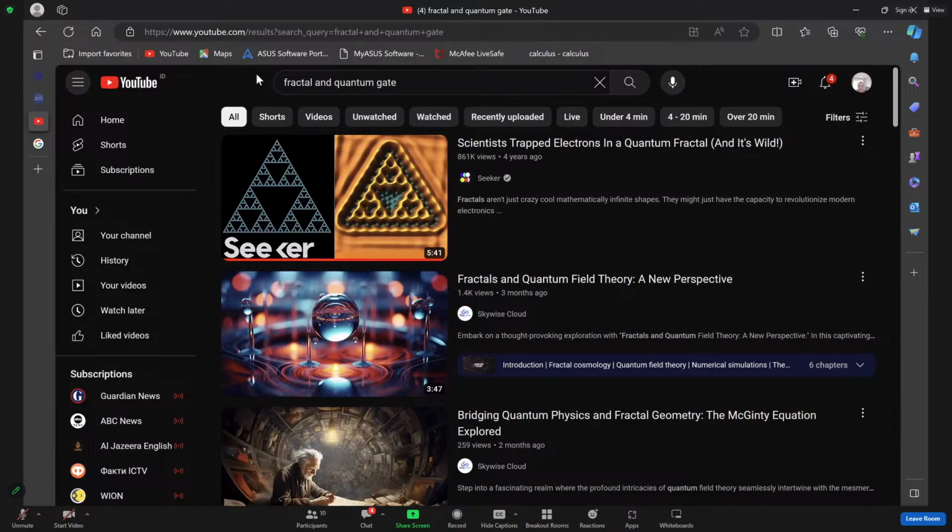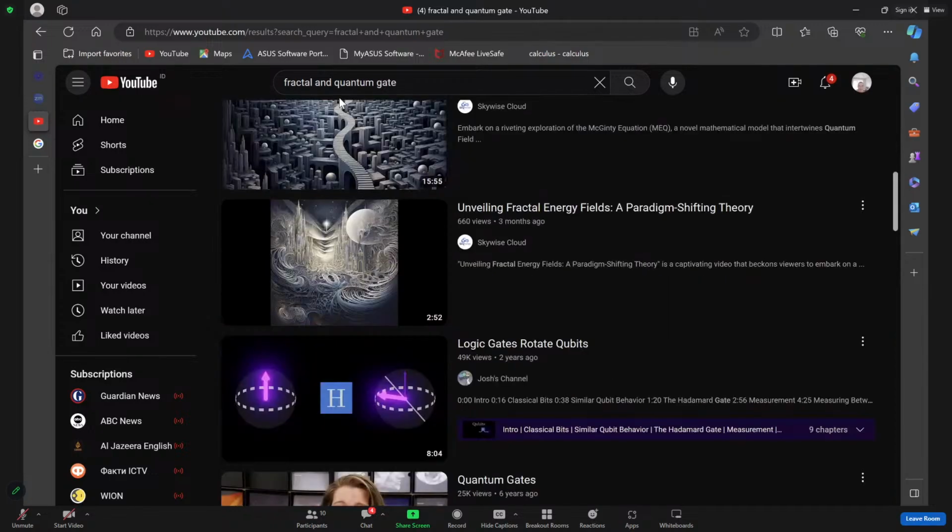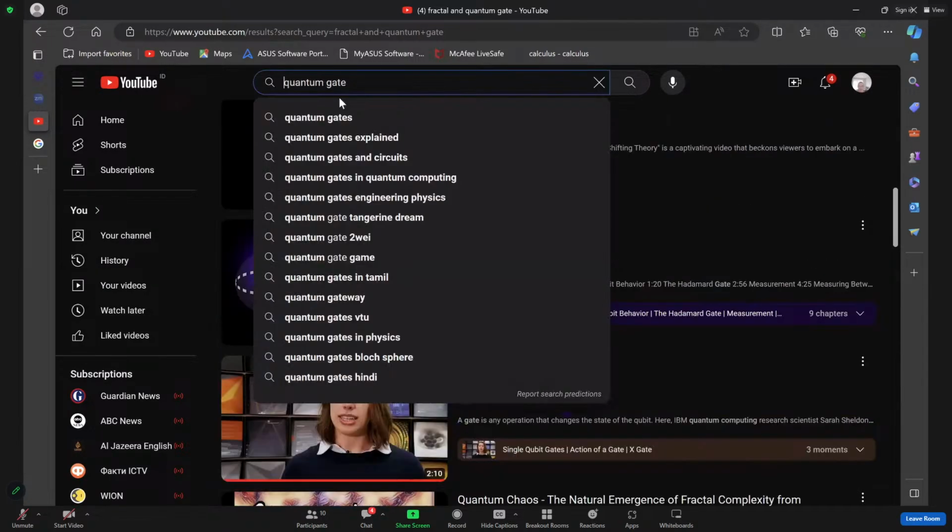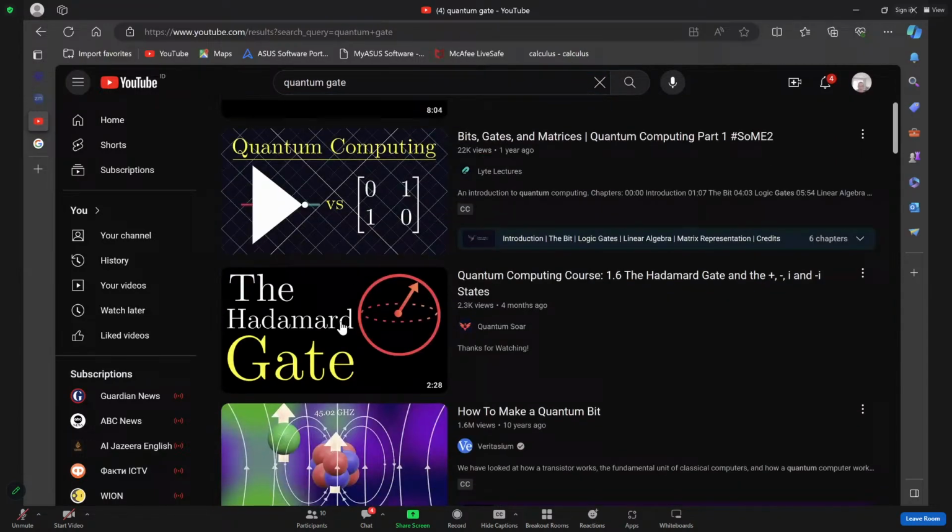It seems that there is no link. So okay, let's look back at quantum gates once again. I just want the short one. Okay, let's look at this.